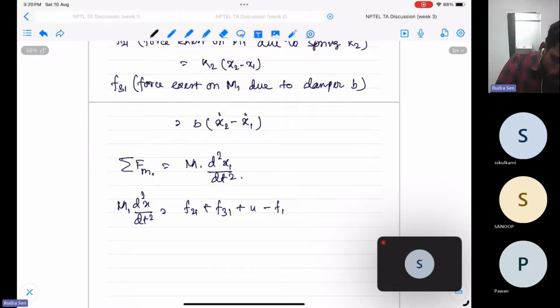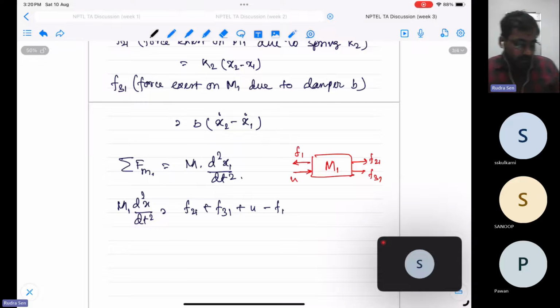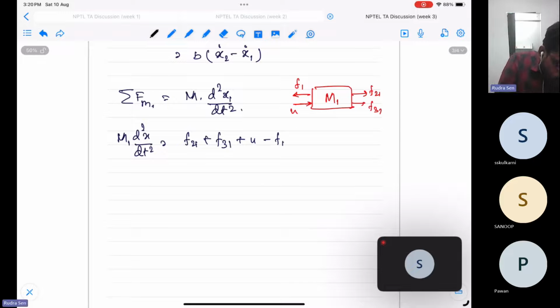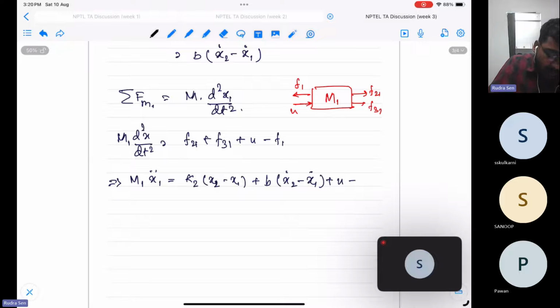And just draw the figure over here: F21, F31, this is F1, and this is U. So M1 x1 double dot equals K2 (x2 minus x1) plus B (x2 dot minus x1 dot) plus U minus K1 x1.